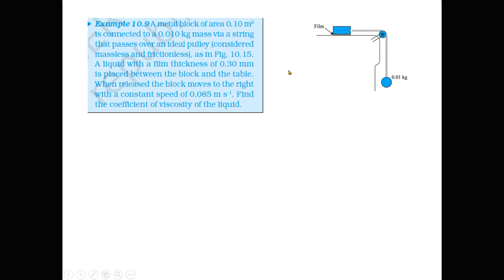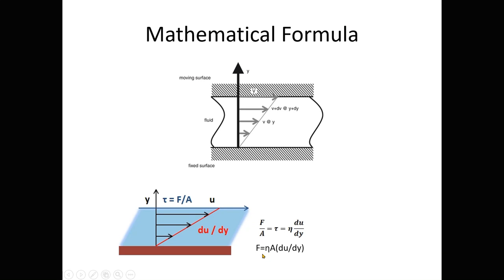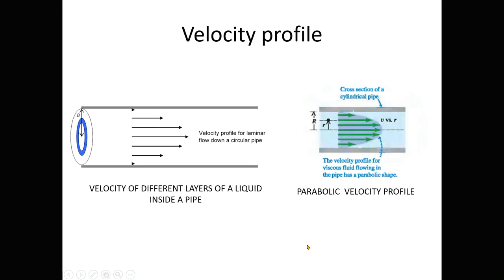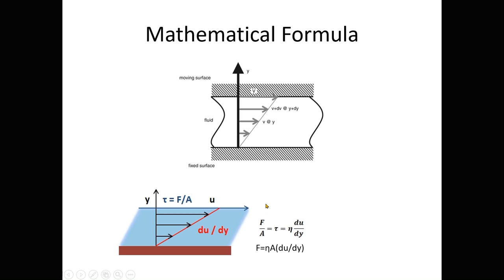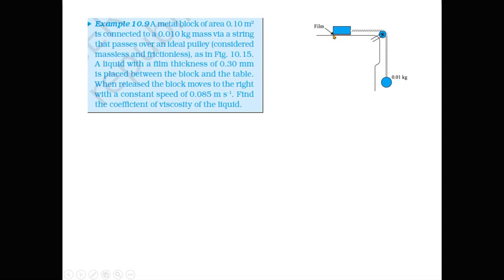Now, refer to the previous theory. The theory is F is equal to eta A du by dy. If we apply the theory here, the velocity at the table surface is equal to 0. The thickness of the liquid is 0.030 millimeter, and the velocity of this block is 0.085 meter per second.